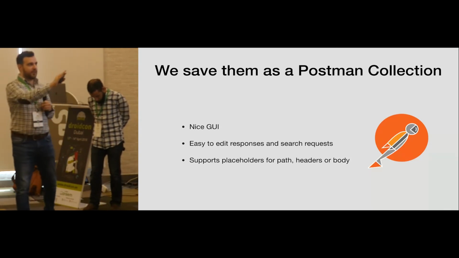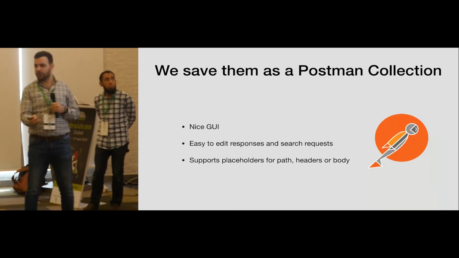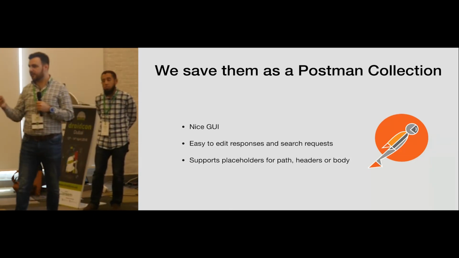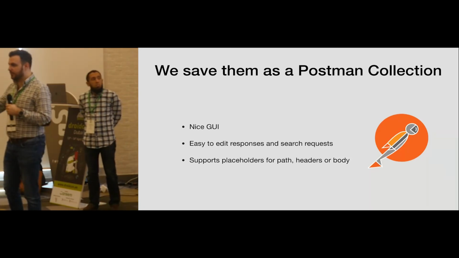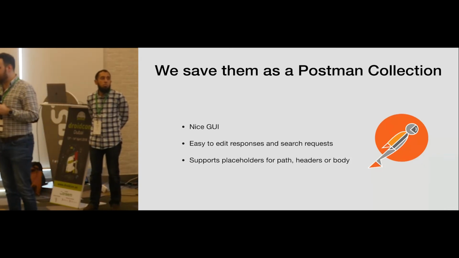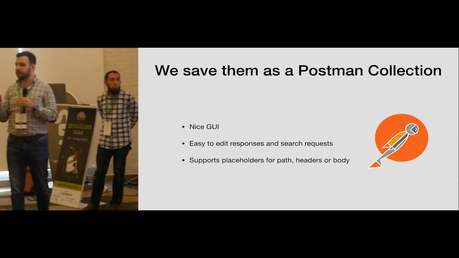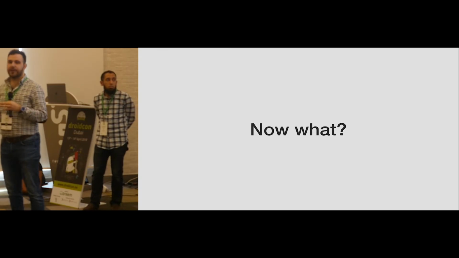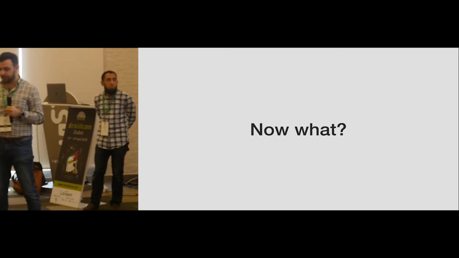The reason we used a Postman collection as a format is, one, it has a nice graphical interface and it allows you to easily edit the responses. So in case you want to test edge cases, all you need to do is open the collection, easily search through the requests, and modify the response to test your edge scenarios. It also supports placeholders for host, path, or headers, so you can test even more different scenarios with the same data sets.